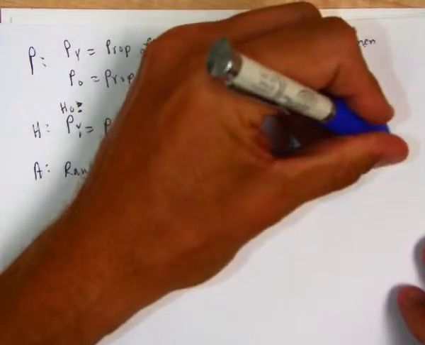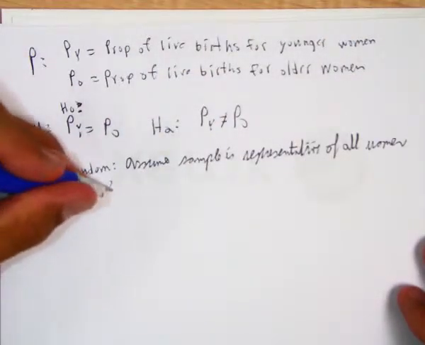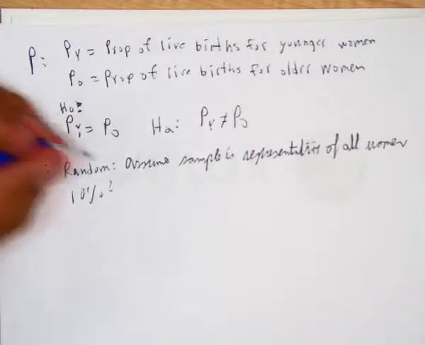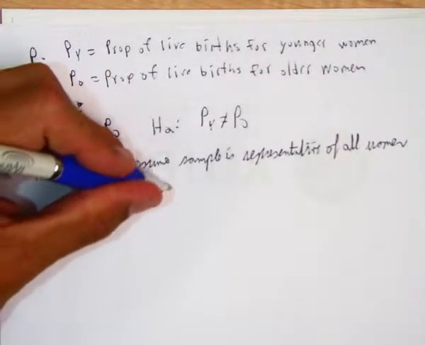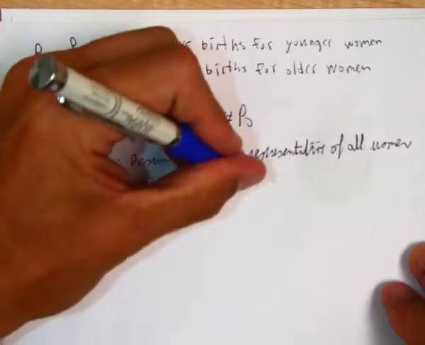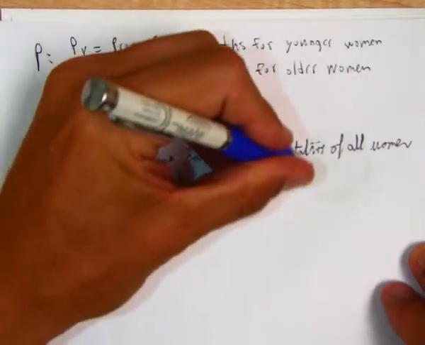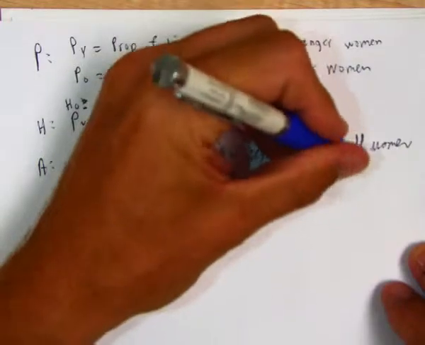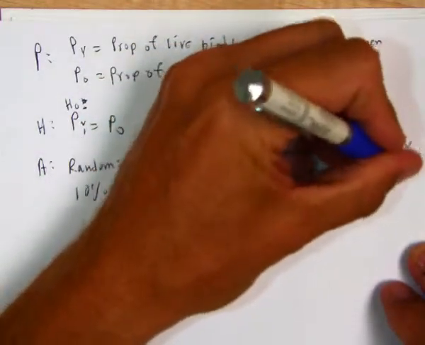The 10% condition: 157 and 89 are both less than 10% of all women.